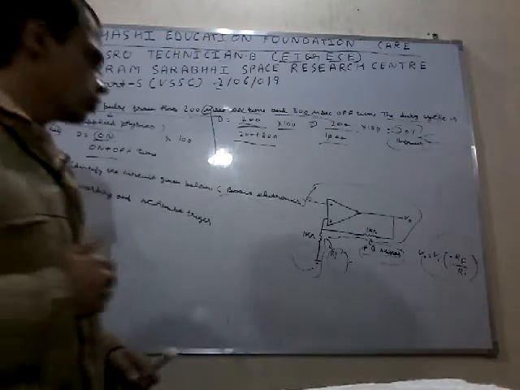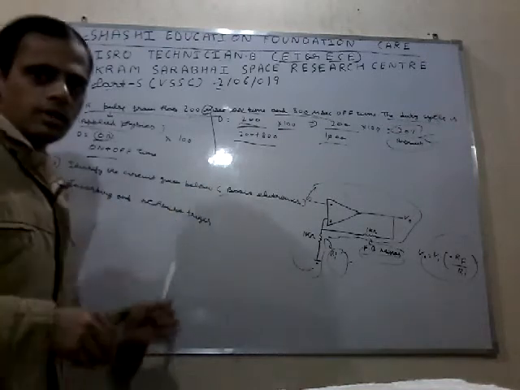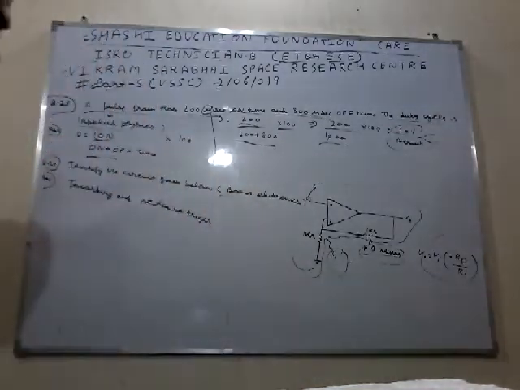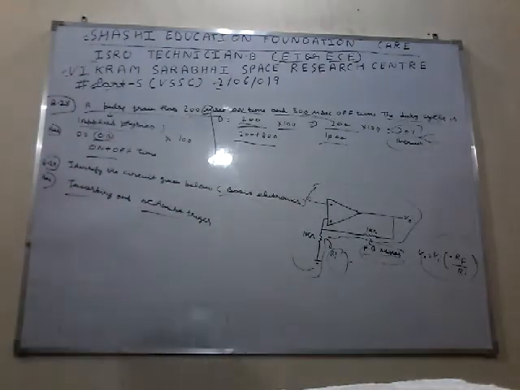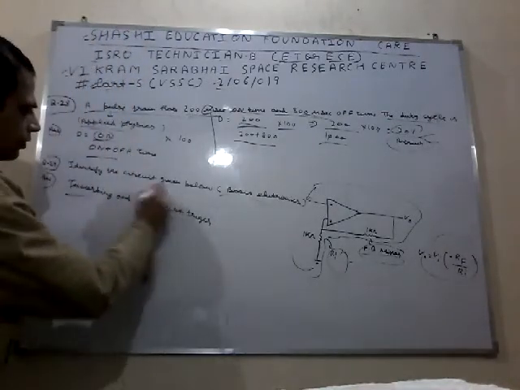This is a confusing question, because if we get both options, inverting and schematic, we are confused about which one to take. So you have to take the schematic trigger.